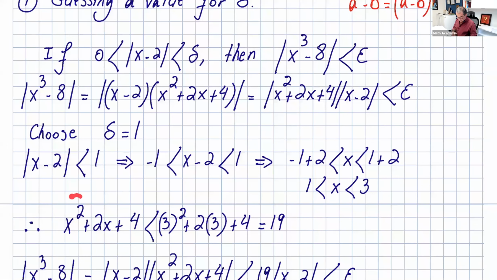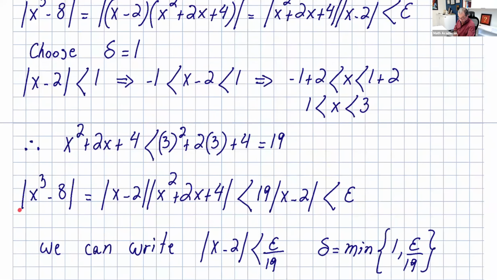So we know that x squared plus 2x plus 4 will be less than 3 squared plus 2 times 3 plus 4, and that's 19. So the maximum value that this can take is 19. So coming back, we can write the absolute value of x cubed minus 8 is the same thing as the absolute value of x minus 2 times the absolute value of x squared plus 2x plus 4.